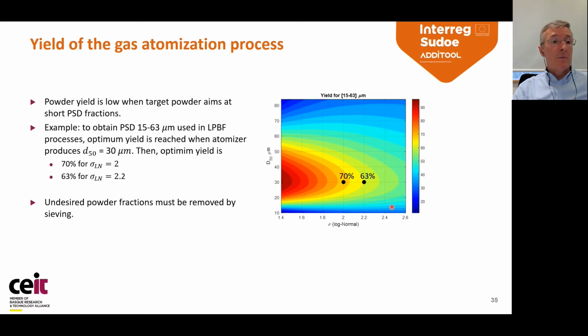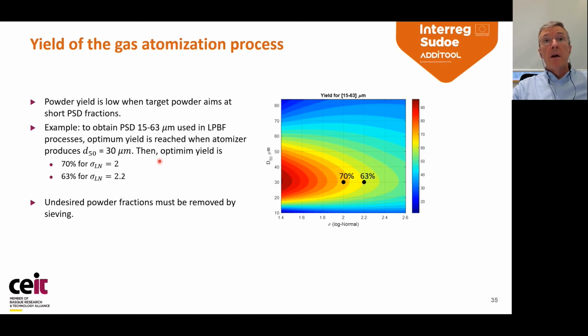Regarding the yield of the gas atomization process, it is known that gas atomization has quite a low yield, especially when you aim at short PSD fractions. For instance, if you want to get powder in the range 15 to 63 microns used in laser powder bed fusion, then the optimum yield is reached when you tune your atomizer to produce a median particle size of 30 microns.